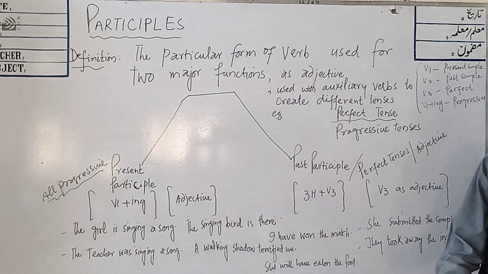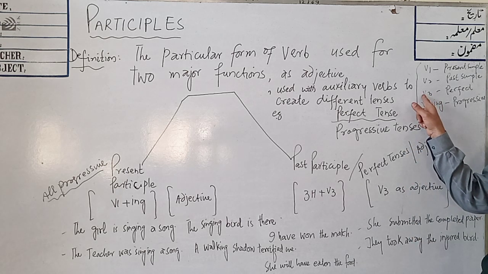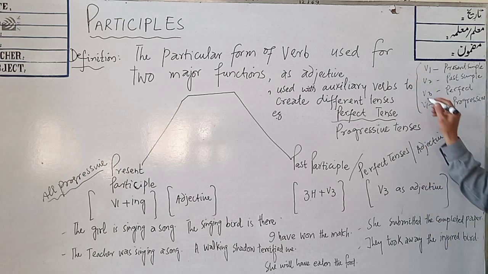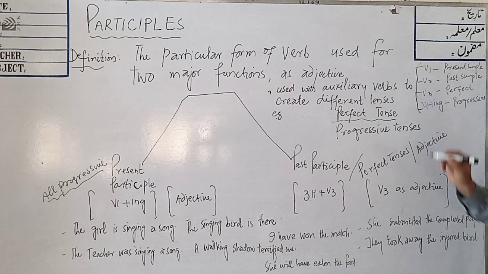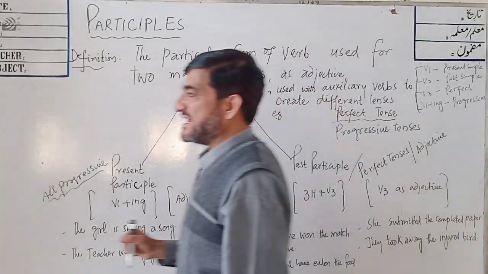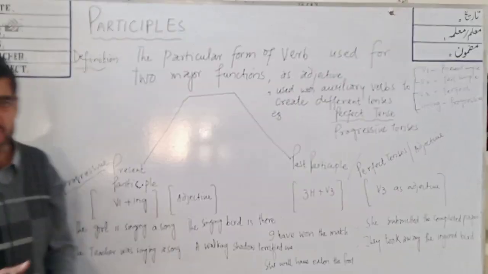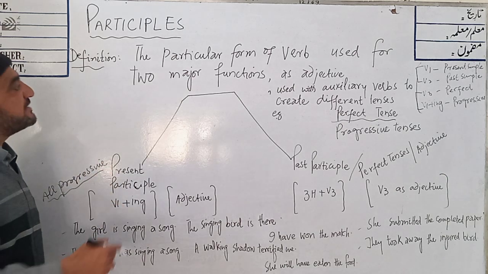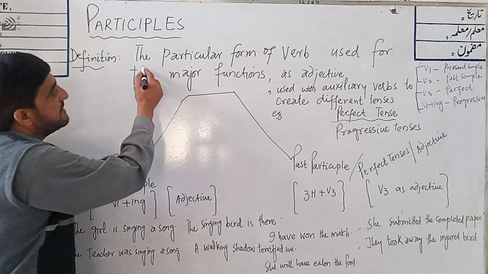But in this pattern we are dealing with four forms of verbs, while in participle we will be dealing with two classes or two types of verb. So I thought that it is also the right of other students that they should know about participle. So today we are going to discuss participle.